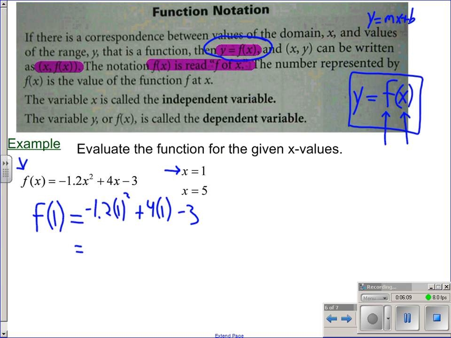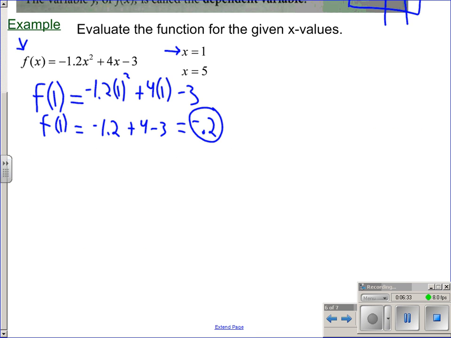So 1 squared is 1, so we got a negative 1.2 plus 4 minus 3. That's 1. So we got that. That becomes a negative 0.2. And so this is what f of 1 is. Now again, this function notation, this is your y value. So what we're looking at is this point. We had an x value of 1. Our y value is negative 0.2.